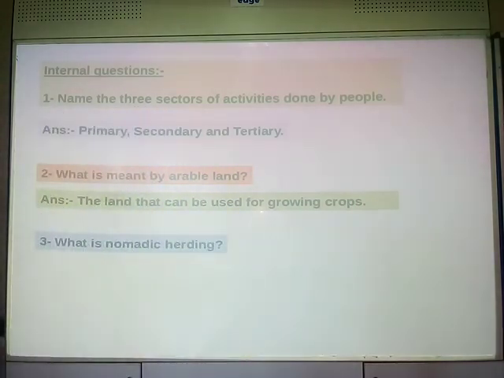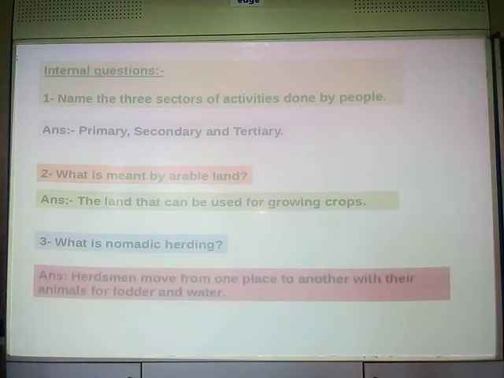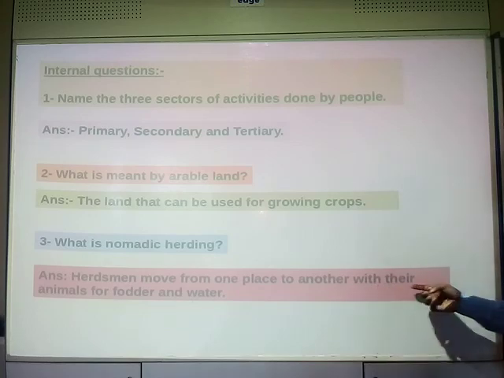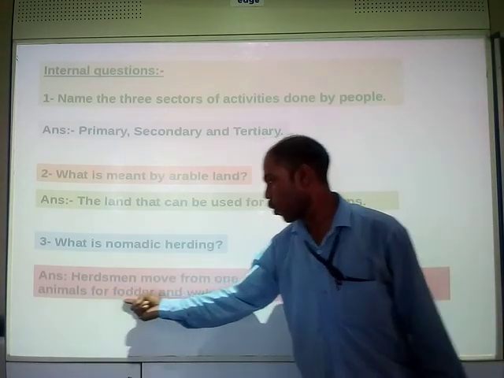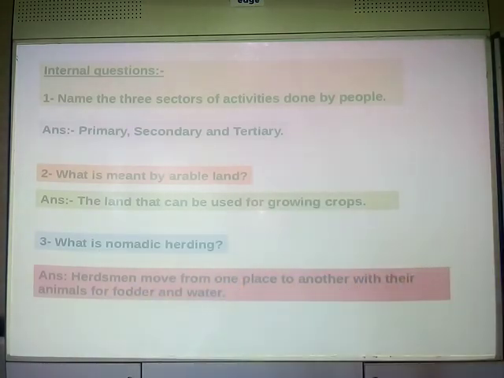So those people are nomadic herders, and that is nomadic herding. Fodder means food of animals. So that is the meaning of nomadic herding.